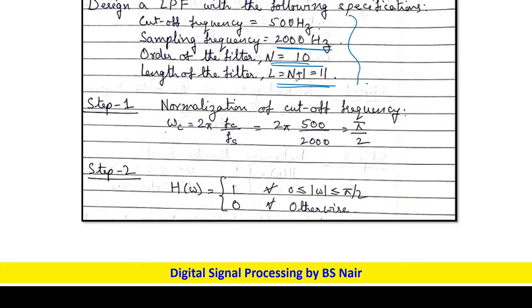So omega c equals 2 pi fc by fs, which is 2 pi 500 by 2000, which gives us pi by 2. It is a low pass filter.